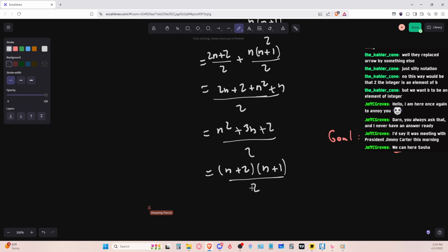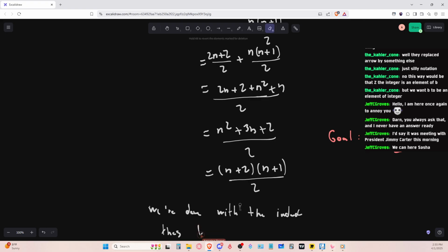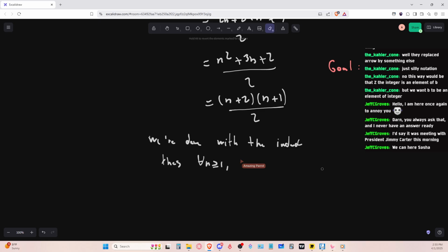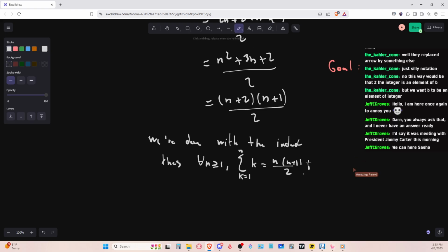Usually they would say, okay, we're done with the induction, and then we put a small box here. Does the wanted formula hold for all n? Then you can put the box.